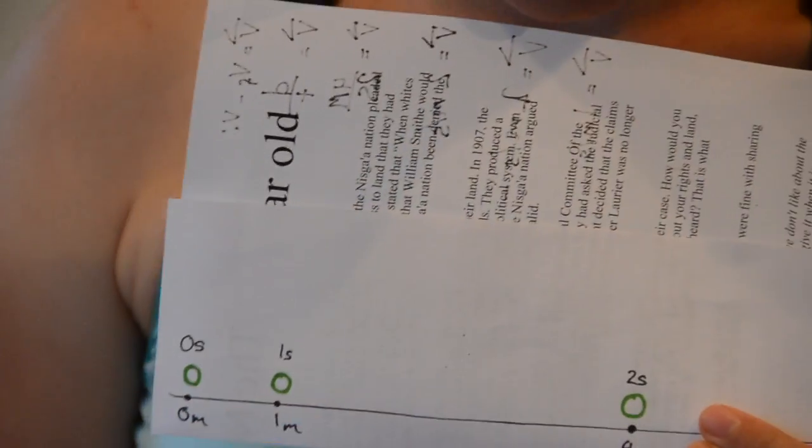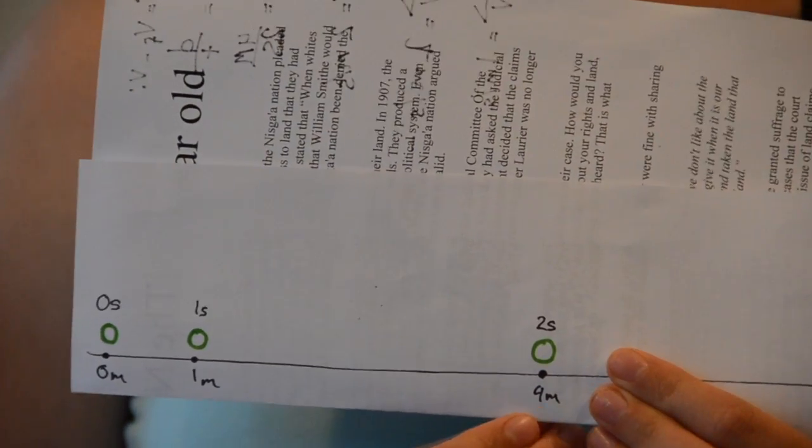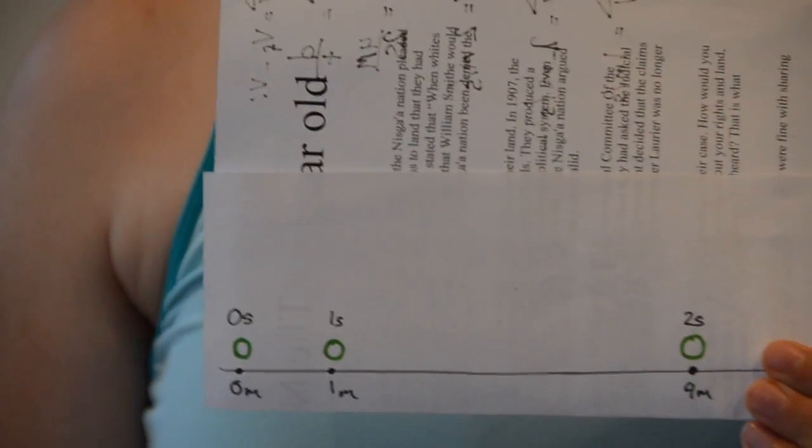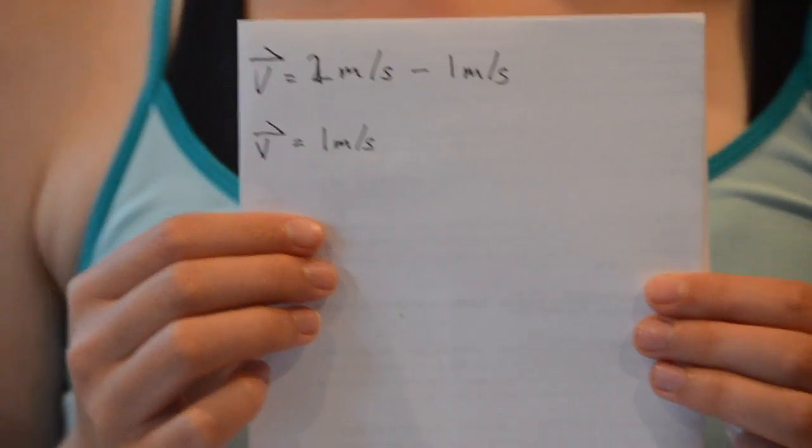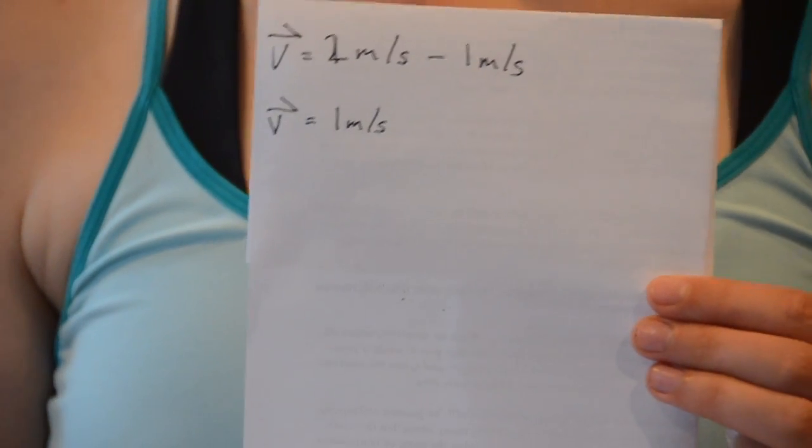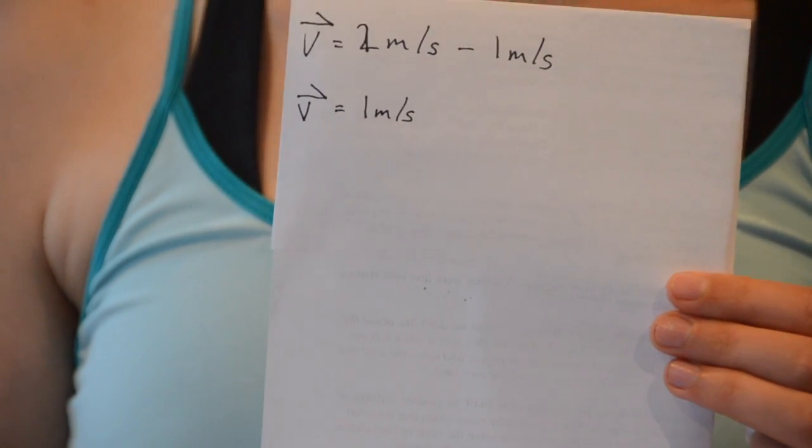So now that we know what our final velocity is, our meters per second ratio, and we want to find the change in velocity, let's do that equation. Okay, so change in velocity is final velocity minus initial velocity.